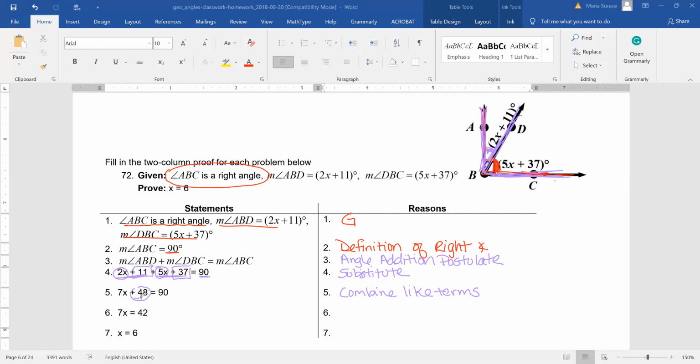They subtracted it from both sides, which means I needed to use the subtraction property of equations. And then finally, how did they get rid of the 7 next to the x? They divided. So I needed to use the division property of equations. And that concludes your first geometric proof on the classwork homework.